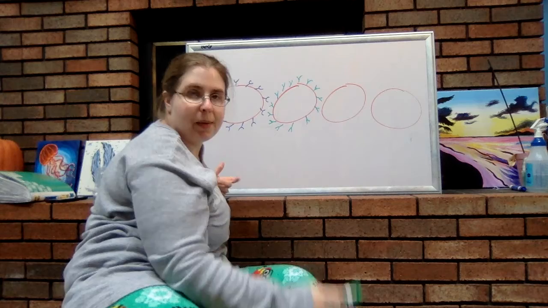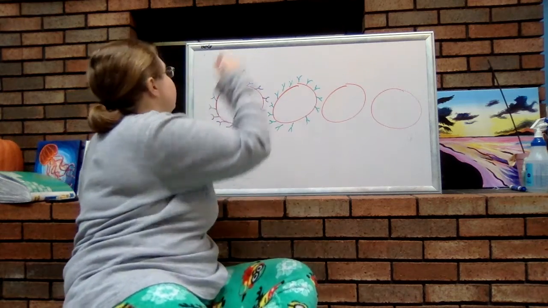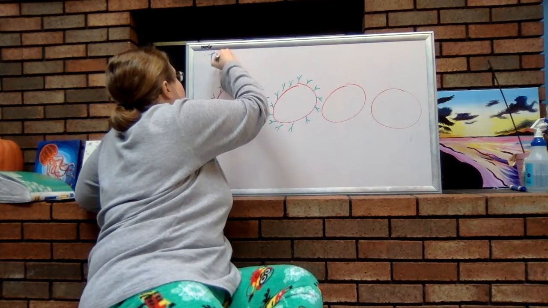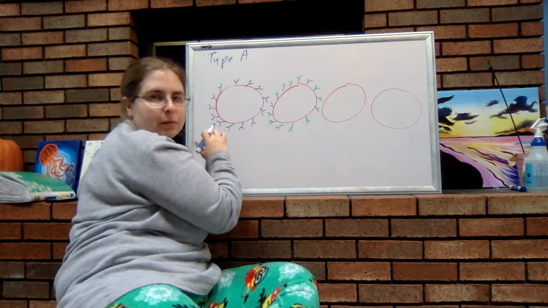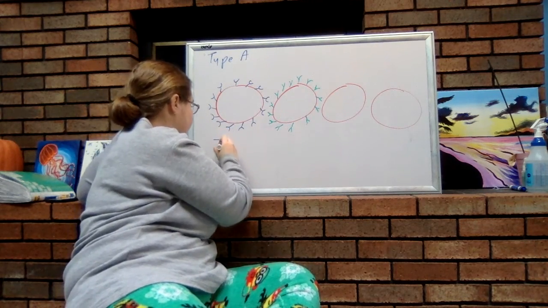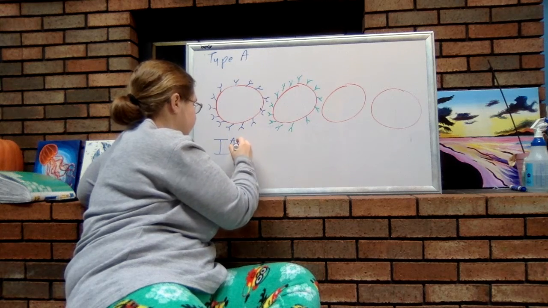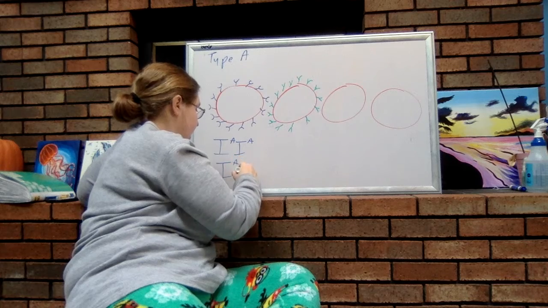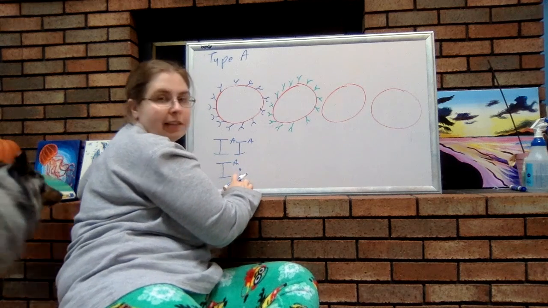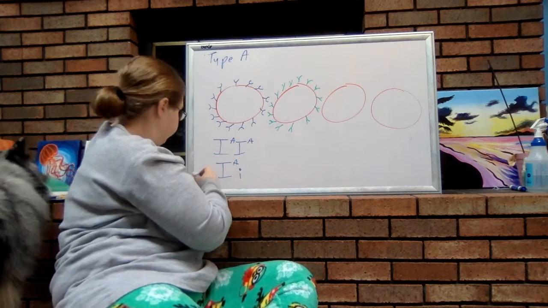Now let's say you were type A blood. Maybe that's this first one. We have type A, meaning you're going to make these particular type of receptors. So your genotype is either going to be homozygous for A or heterozygous for A, meaning that the second allele is the recessive one.